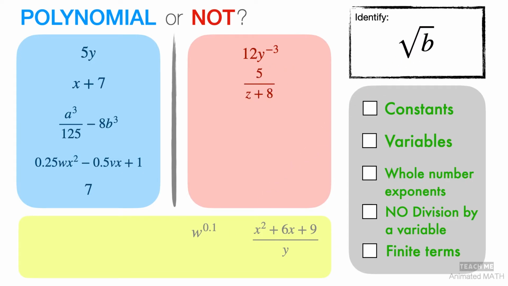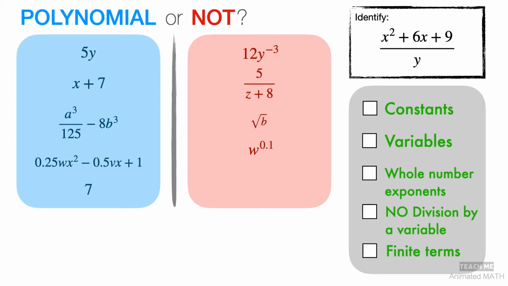Square root of b is actually equal to b raised to 1/2, which means that the exponent is not a whole number, also not a polynomial. Similar to the last example, its exponent is also not a whole number, which means that it is also not a polynomial. This expression is divided by a variable. Yep, not a polynomial too.